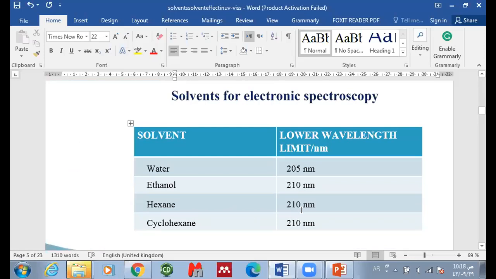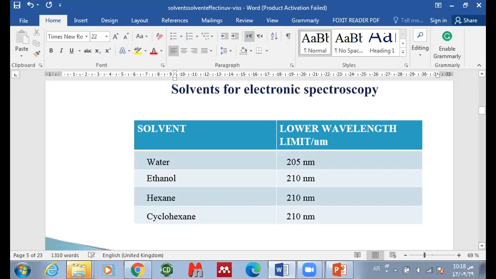Hexane, 210 nanometer. Cyclohexane, 210 nanometer. If we look at the wavelength at which they absorb, we can notice they absorb in the ultraviolet region, not in the visible region. And that's good. So we can use them in the visible area.